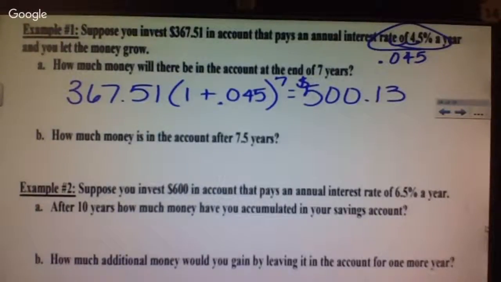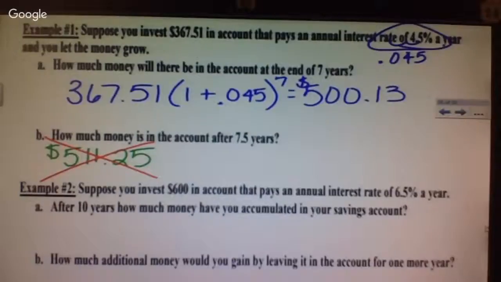Okay. Part B changes it up and says, well, how much money do I have in my account after 7.5 years? You said what? She says 511.25. Miss Smith says, hold on.